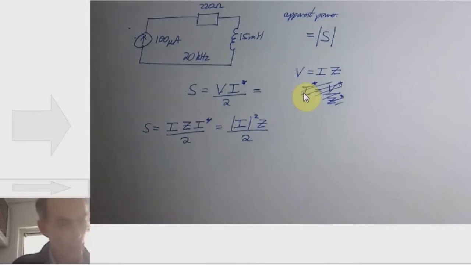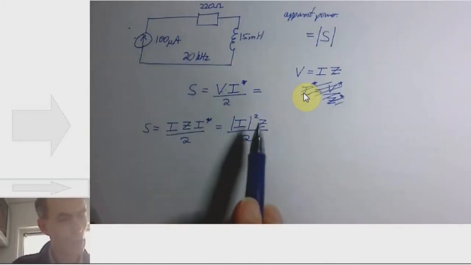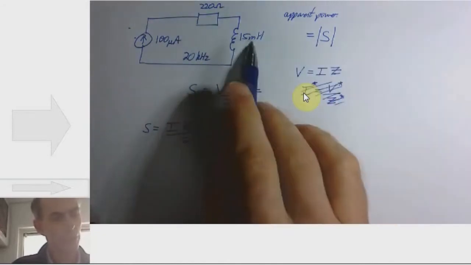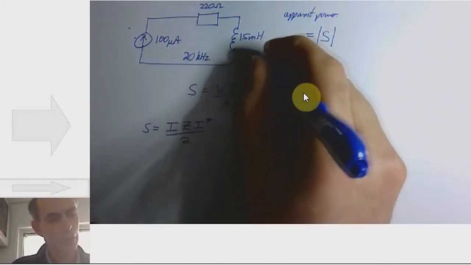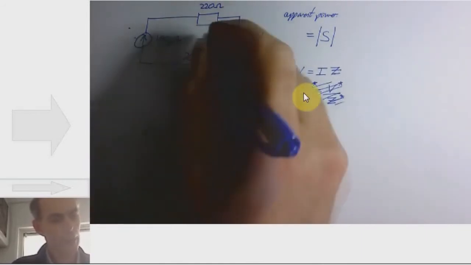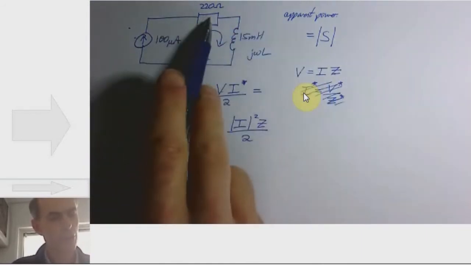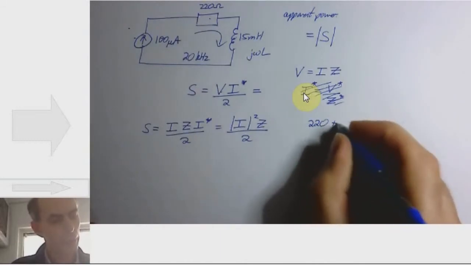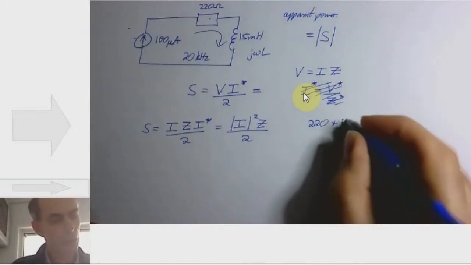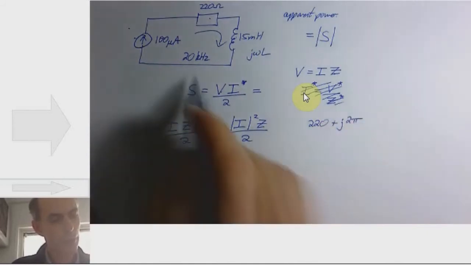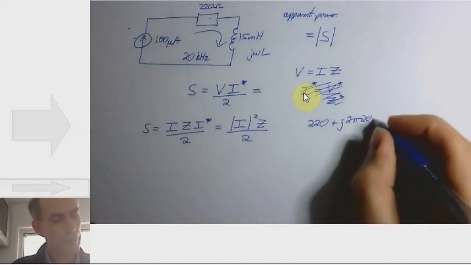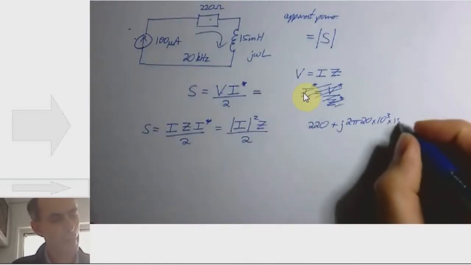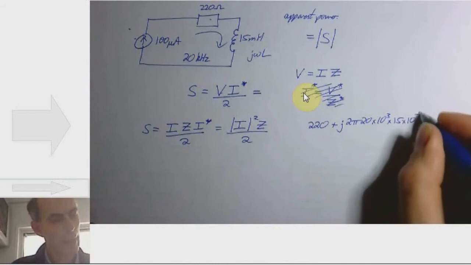Right, we know the current. What's the complex impedance in the circuit? Well, complex impedance of an inductor is j omega L. So the complex impedance in my circuit, since these two components are in series, is 220 plus j times omega, which is 2 pi times 20 kilohertz, times L, which is 15 millihenries.